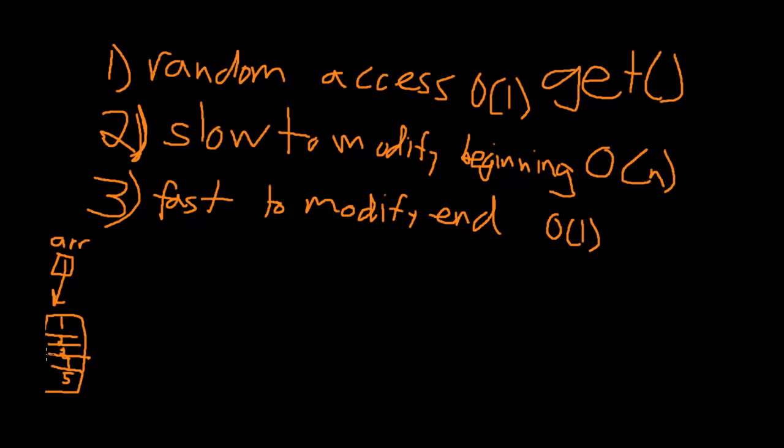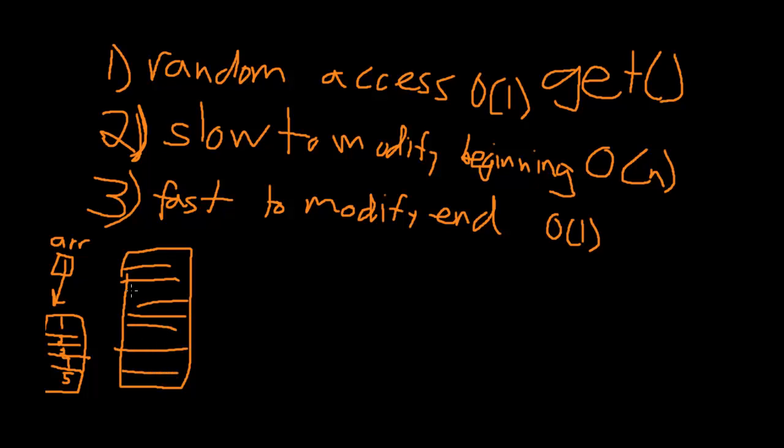So if I have just as many elements as how many I can fit, then I would create a new array, and by default people usually do twice the initial size. You can do whatever you want, but the most efficient is usually doing twice the previous size. So I make a new one.